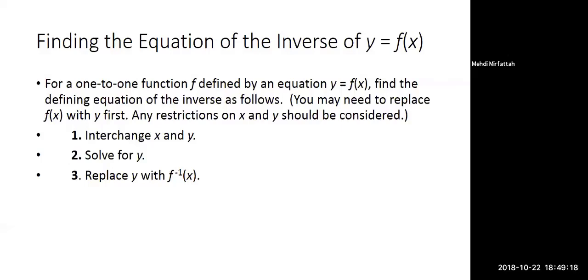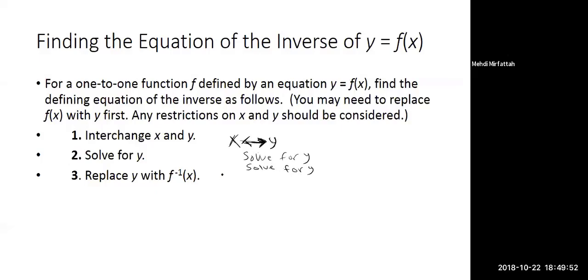Everywhere you see x, you put y for it. Everywhere you see y, you put x for it. And then step number 2, just solve for y. So you exchange the positions of x and y in your equation, and then solve for y. Simple as that. There are 2 steps involved to find the inverse.